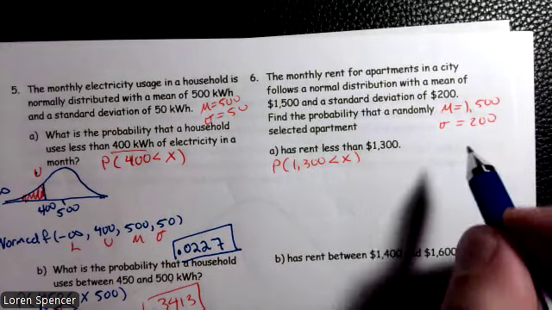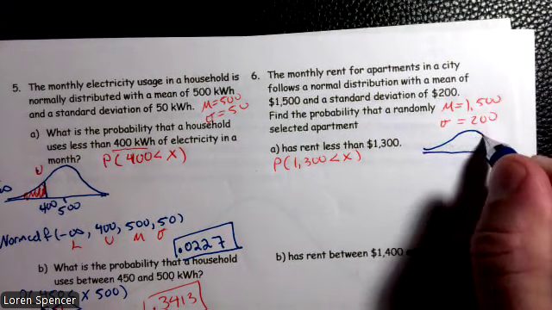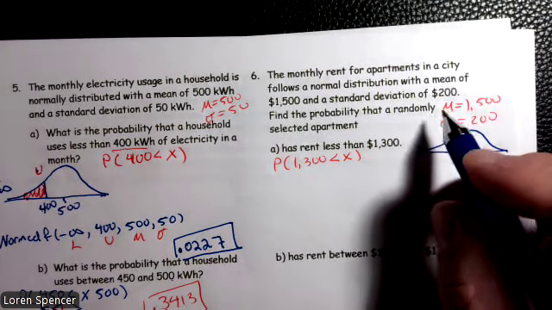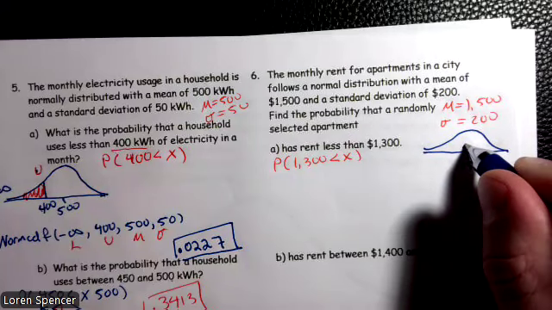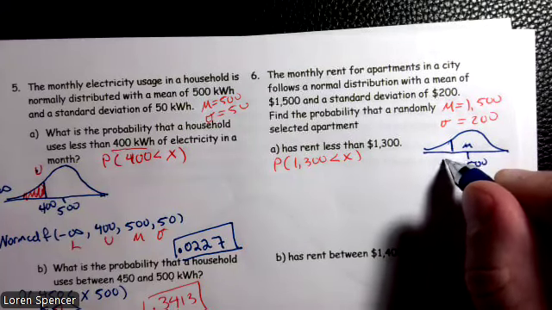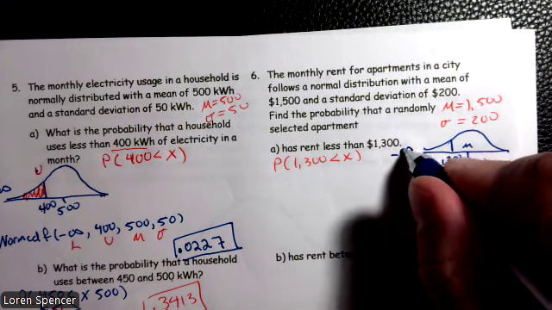Our picture is going to look something like this. We have a mean of 1,500. We have 1,300 here. And this is going to negative infinity.